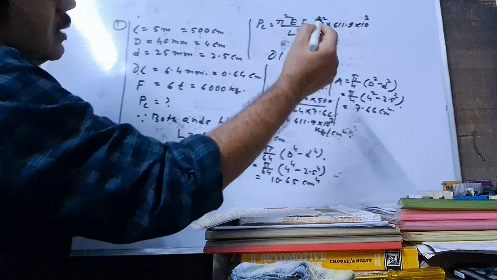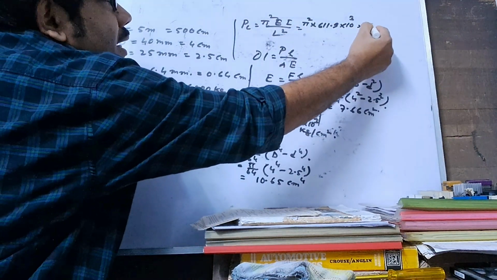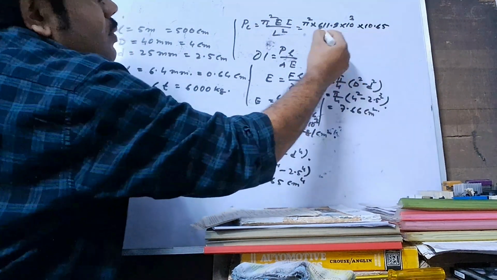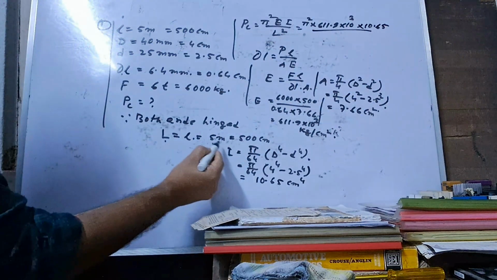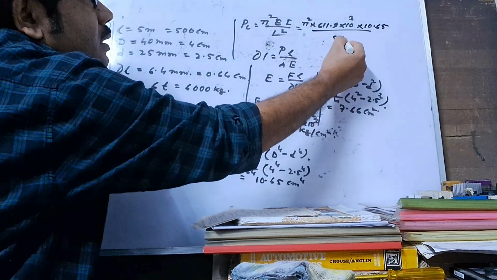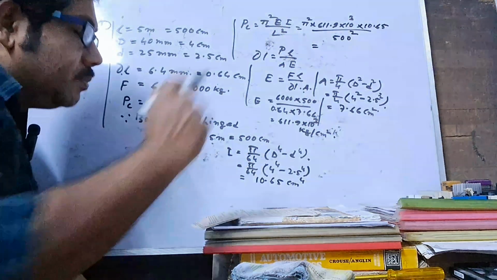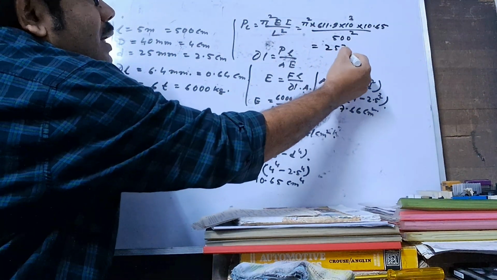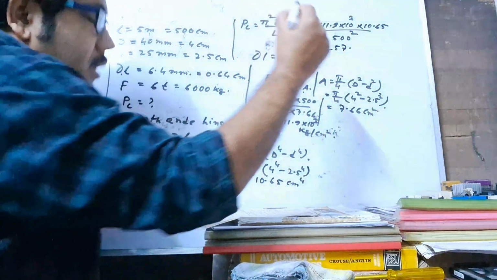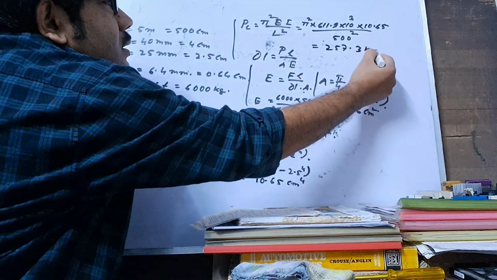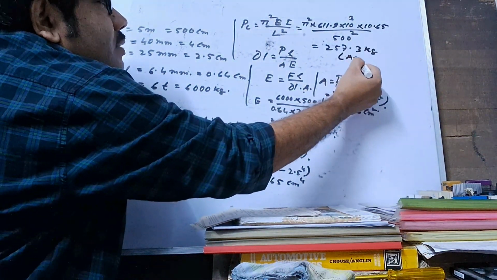And here the value is 10.65 by capital L, here this is 500 square, and this value will be 257.3. This is the first answer.